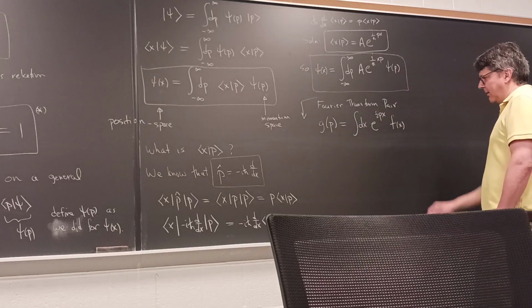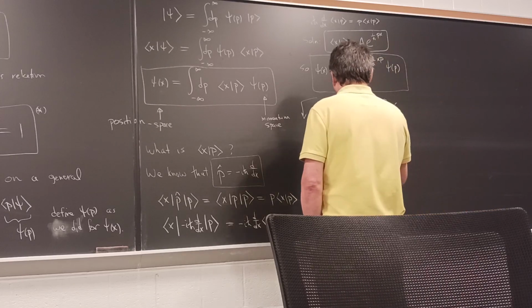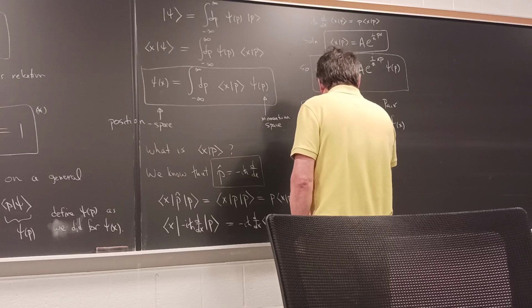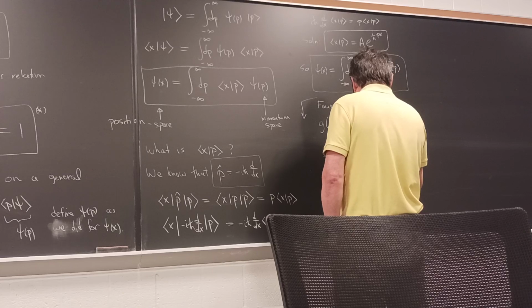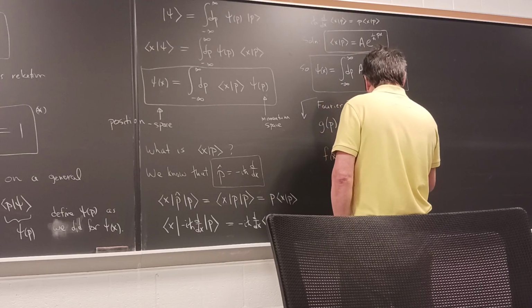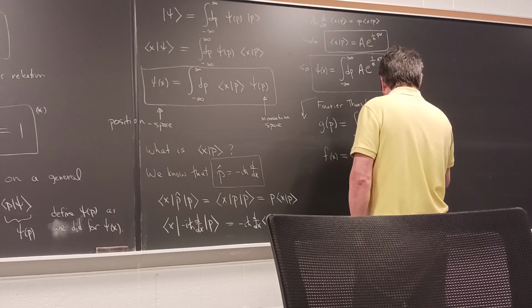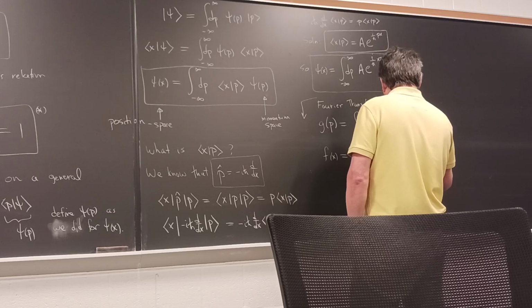Then f of x, the transform pair, the partner, is 1 over 2 pi times the integral over dp this time of e to the minus i p x g of p.